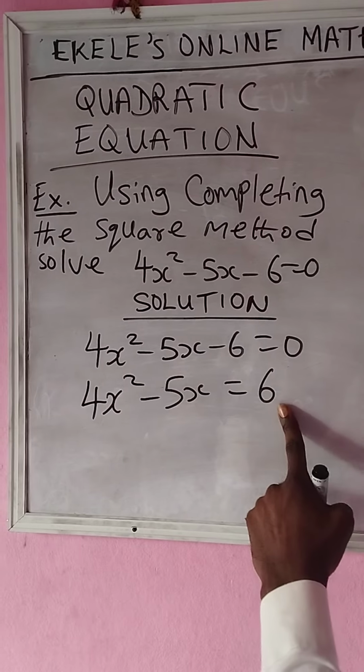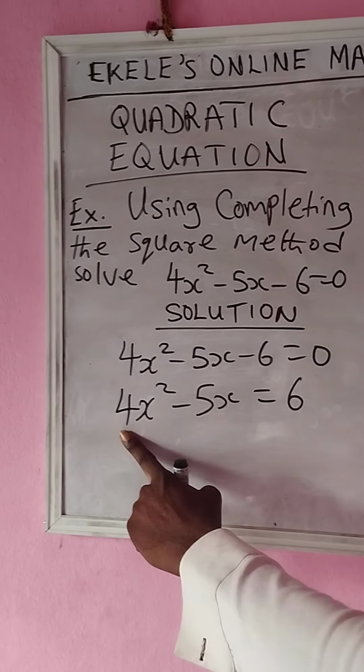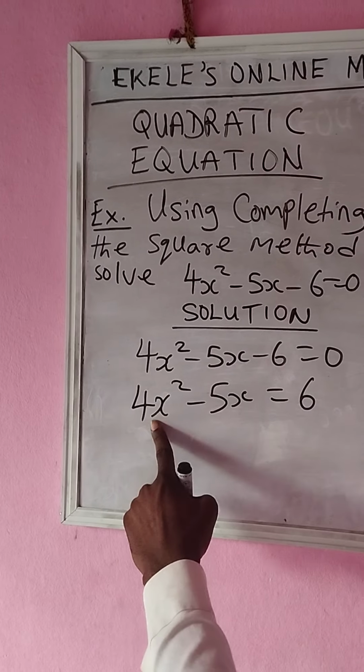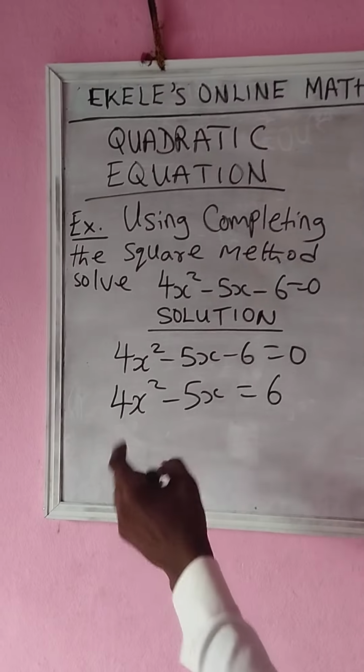Then the next step is to make the coefficient of x squared to be 1. The coefficient of x squared is 4. We want to make it 1 by dividing both sides by 4.